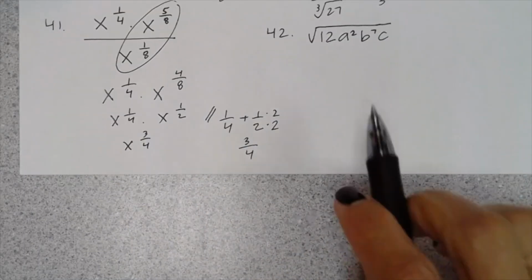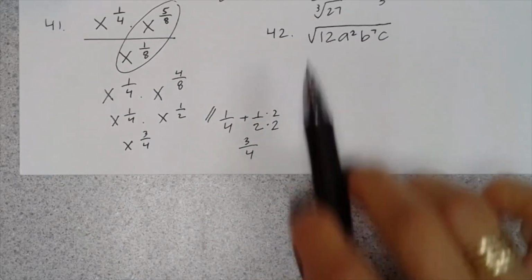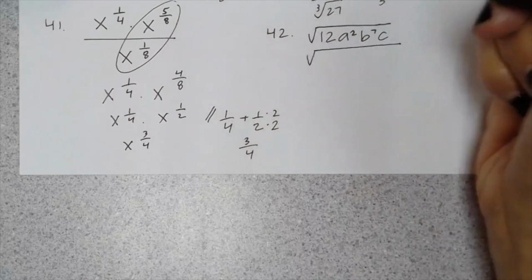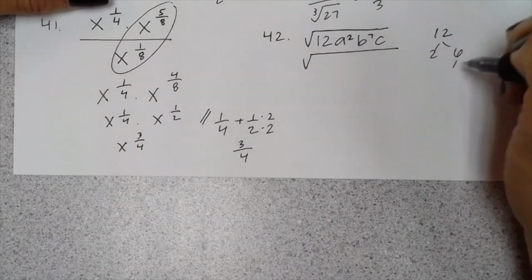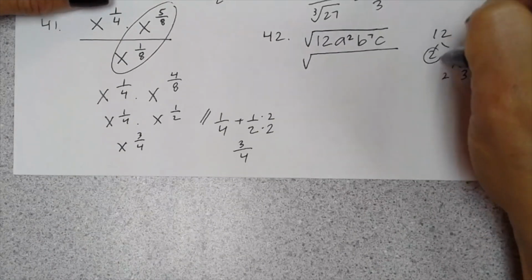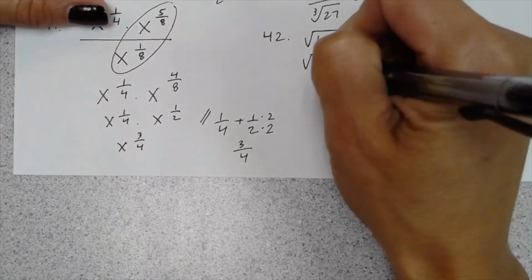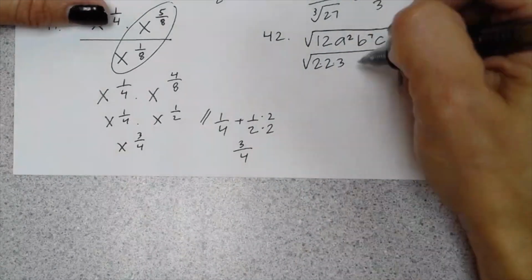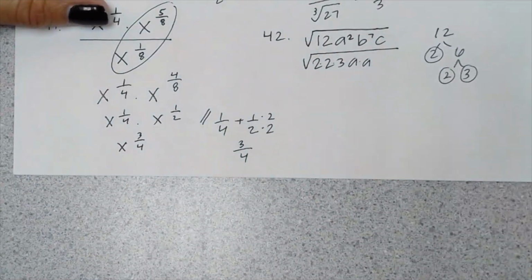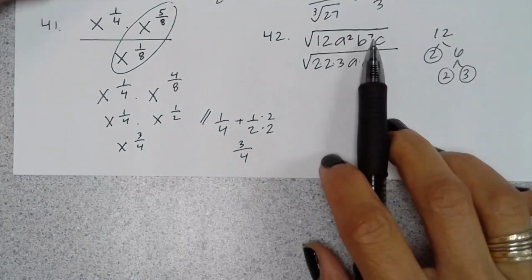For number 42, it's a square root, so we're going to break 12 down. So 12 breaks down to 2 times 6, and then 6 breaks down to 2 times 3. So you get 2, 2, and 3. Next, I'm going to break the a down to just a times a. And then for the b, it's b to the 7th.